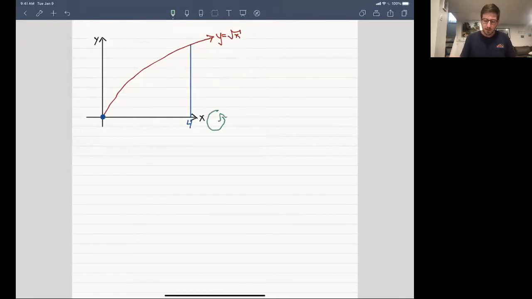So if you think about this, what do the cylinders look like that are going to make up this Riemann sum? Well, the object that's being formed is coming out this way. And so that means that we're going to fit our cylinders, our little Russian dolls. They're going to come in like this.